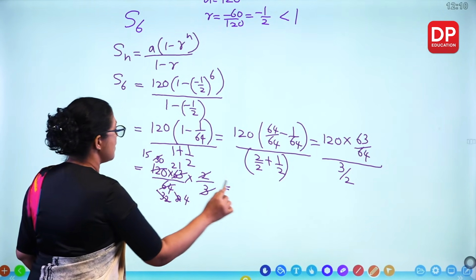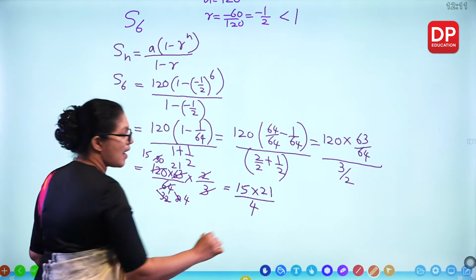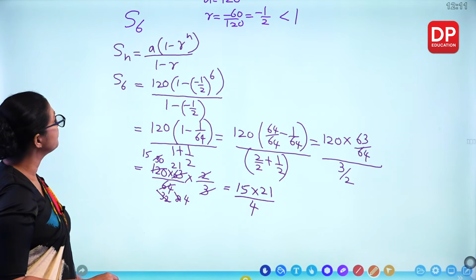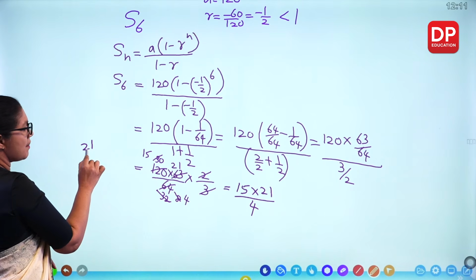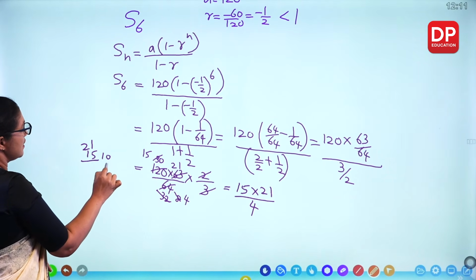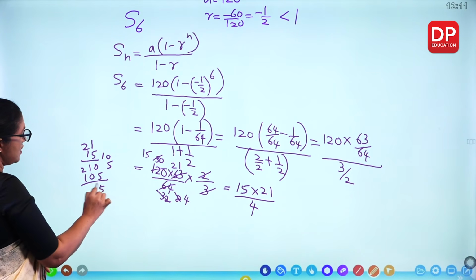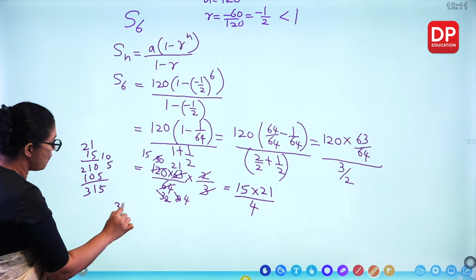You get 15 into 21 divided by 4. So when you multiply, what do you get? 21 times 15 is 315, divided by 4.